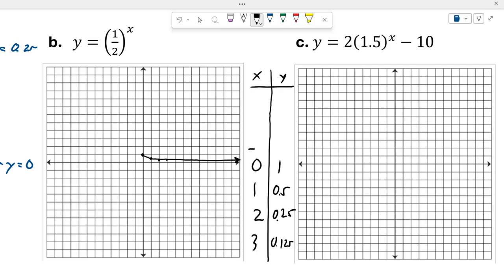And then from 0, if you go to the left, like -1, well, when you have a fraction to a negative number, when you have 1/2 to the -1, you can drop the negative and flip the fraction. So if I drop the negative and flip the fraction, this becomes 2 to the first, and that's just 2. So when you plug in a -1, you get a 2.